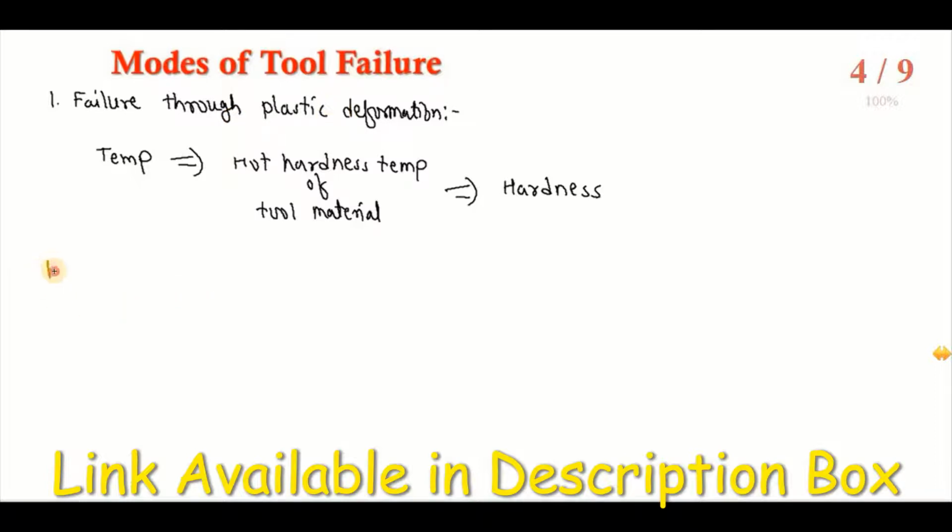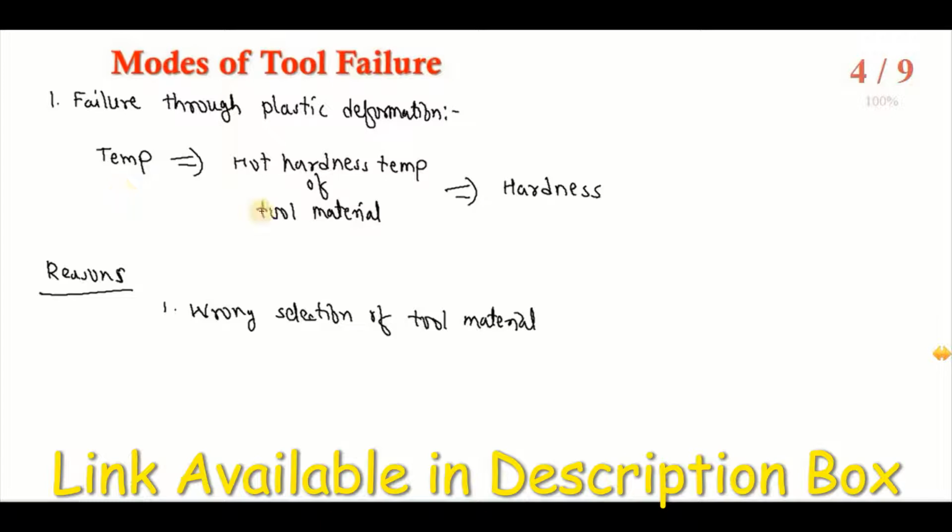So what are the reasons for this plastic deformation? One reason is wrong selection of tool material. The temperature induced can be measured by using a tool-work thermocouple, calorimetric setup or pyrometer.